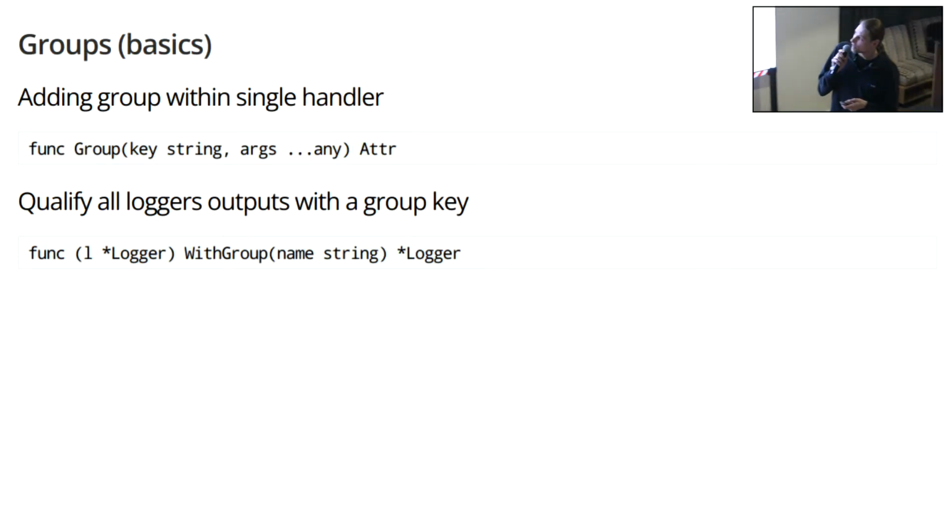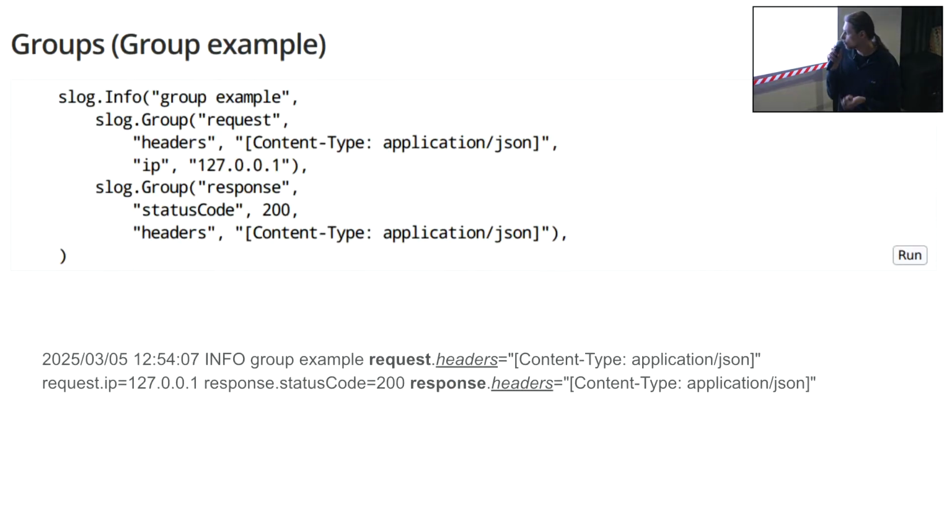Okay, groups. There are two ways to add groups. We have the function Group, which takes a group key and key-value arguments, and the other with a group name. The first one, slog.Group, lets you group key-value arguments into groups where it makes sense.